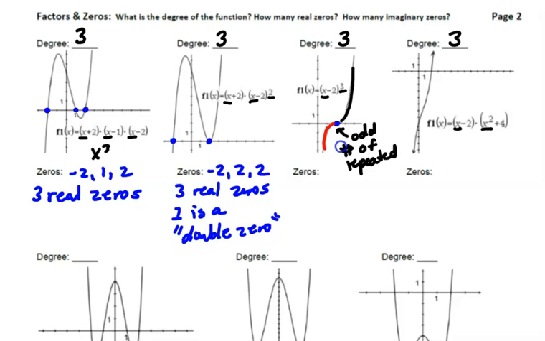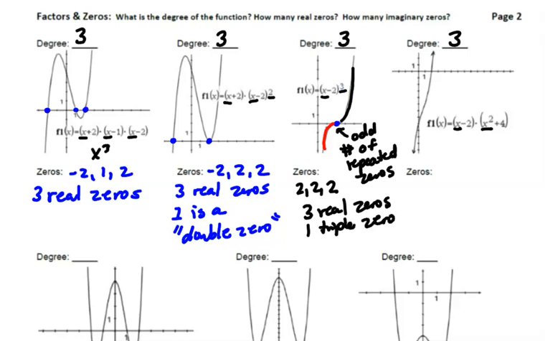In this case, it is a zero that repeats 3 times. So we would say the zero is 2, 2, 2. 3 real zeros, or we could say one real zero of multiplicity 3. Or we could say 1 triple zero.